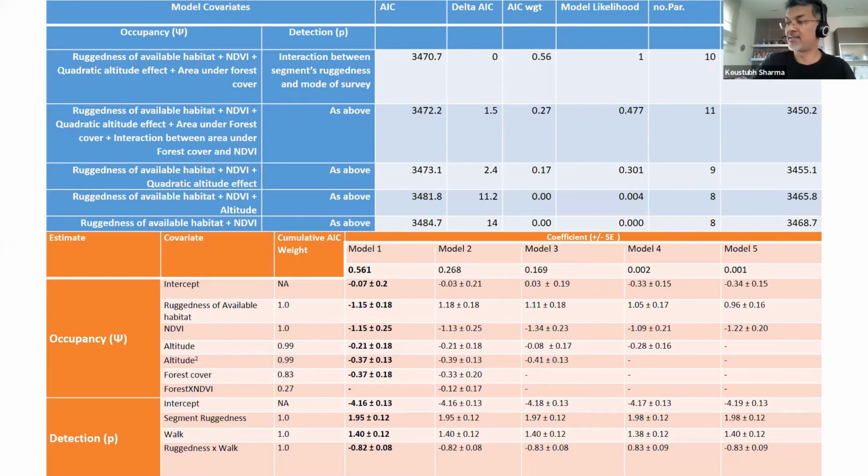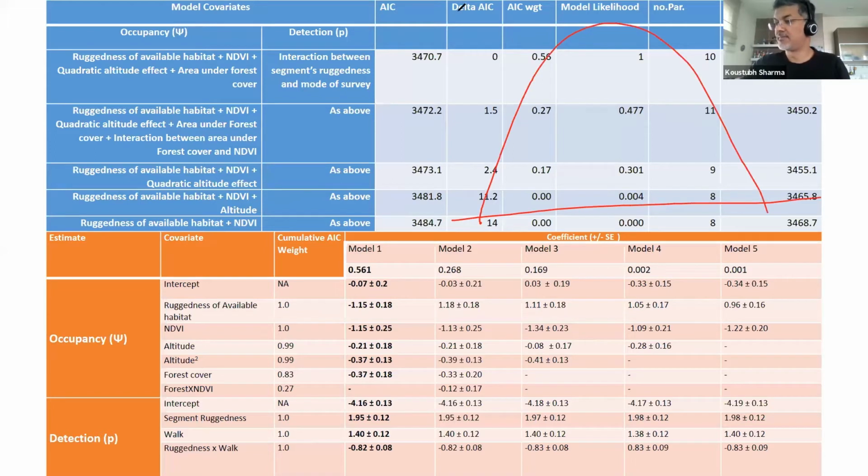What it actually meant in this case, it was quite fascinating that we found the relationship with altitude to be like this. If this was psi, and this was altitude, then as the altitude increased, probability of snow leopards using a sampling unit increased, and then beyond a certain altitude, it decreased.